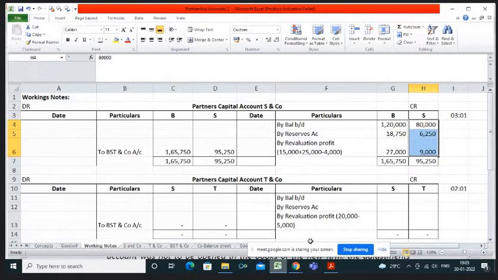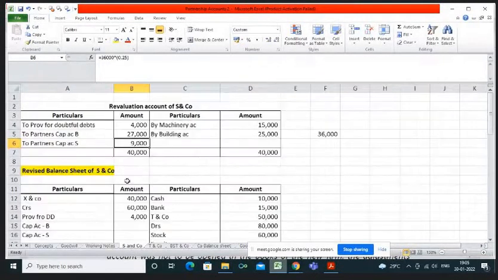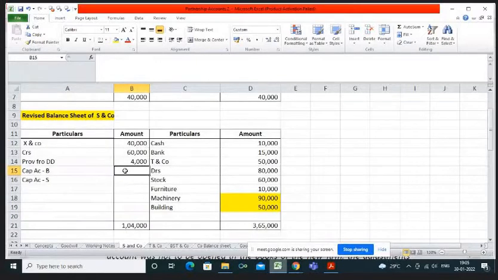We have prepared a revaluation account. If you look here, B gets a credit of 27,000, S gets a credit of 9,000. So I am transferring 27,000 to B and 9,000 to S.